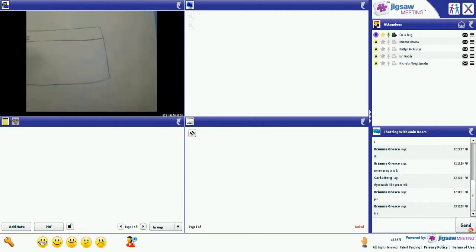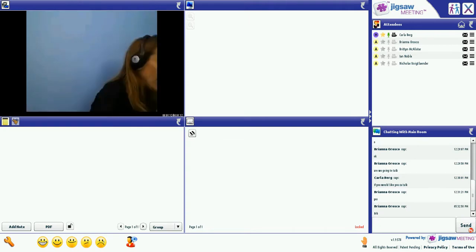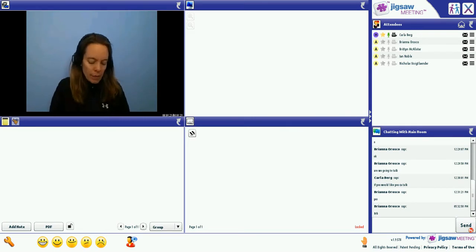My data table, very simple. I'm going to count how many blue M&Ms I have. So I have 11 blue M&Ms. I have 3 green M&Ms. I have 7 red M&Ms.